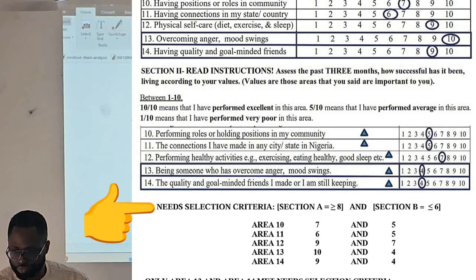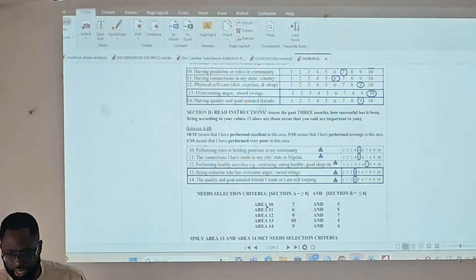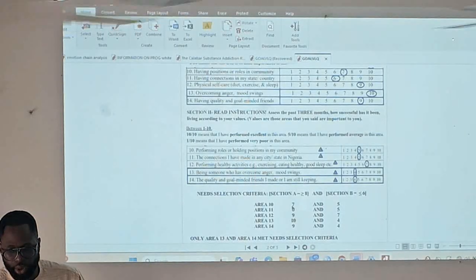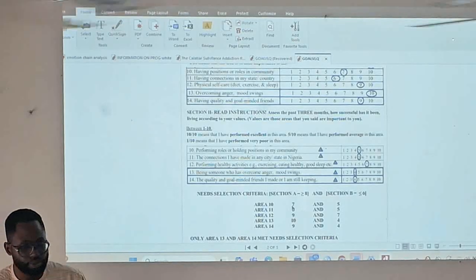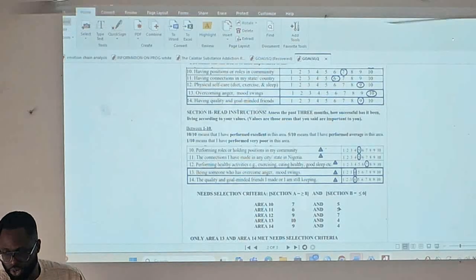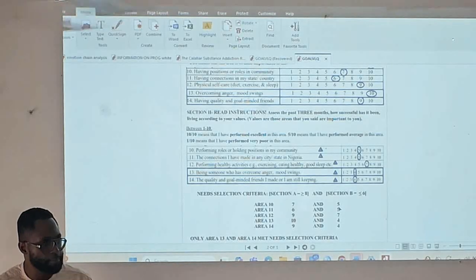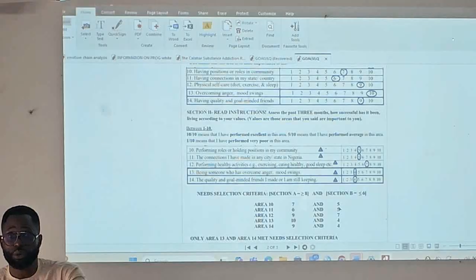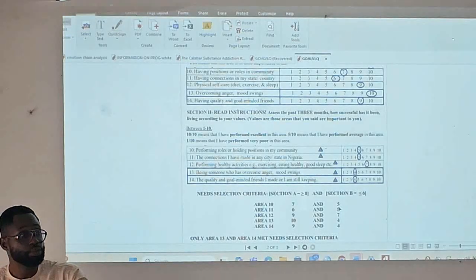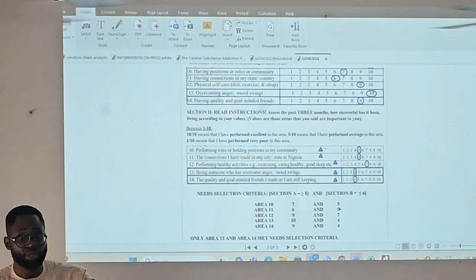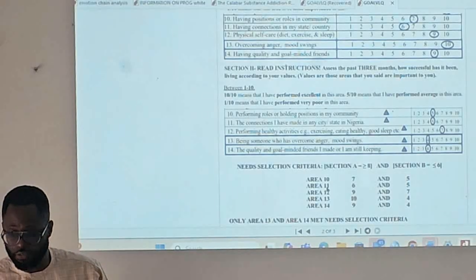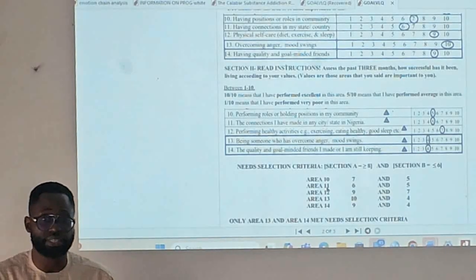Let's explain. For area 10 in section A, what did he score? And in section B, what did he score? Does that qualify the criteria? No. Who said yes? Okay, does area 12 qualify as the criteria?